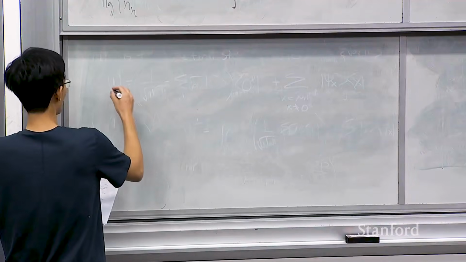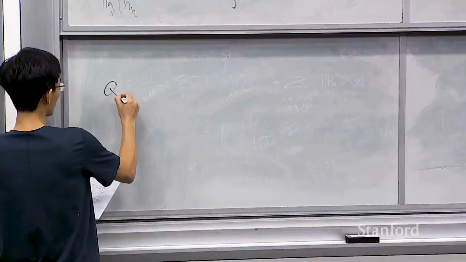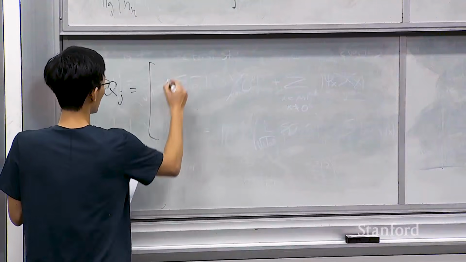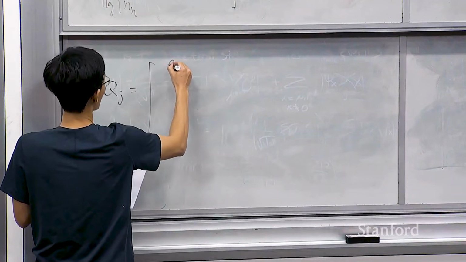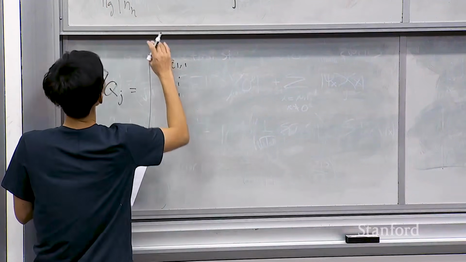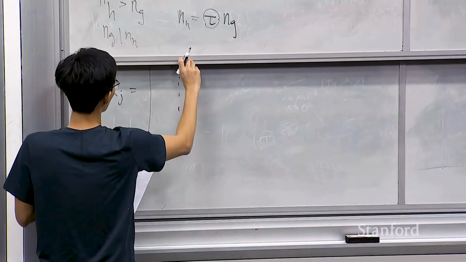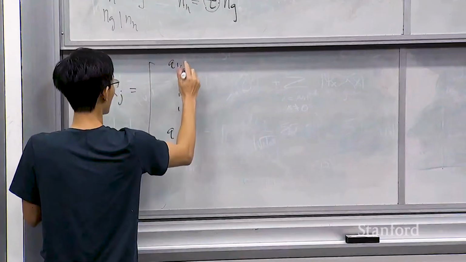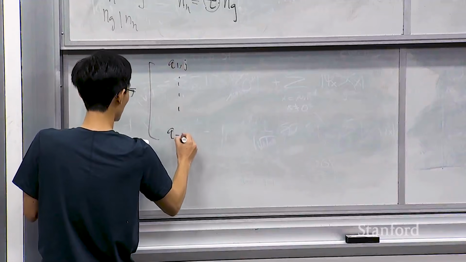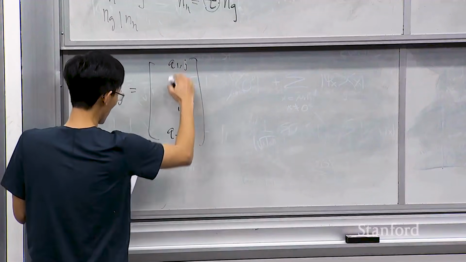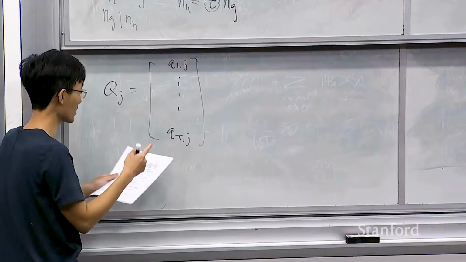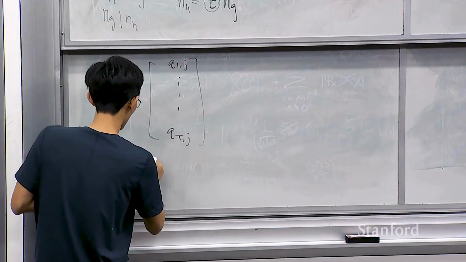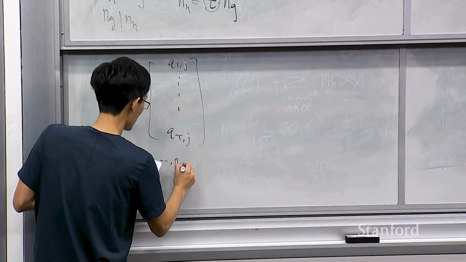One way to write it is that you have a sequence of query matrices. Each is one sequence here, and you group them into a matrix. So you say Q1j up to Qtj, where this dimension is time, and j is indexing which set of queries you have, so j is from 1 to NH.